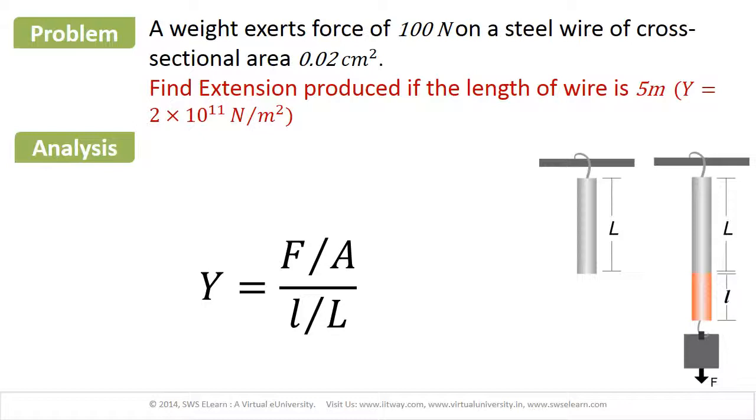The equation of Young's modulus involves 5 variables, namely Y, F, capital A, small l, and capital L. Hence, substituting the given values into the equation, we get the required answer.